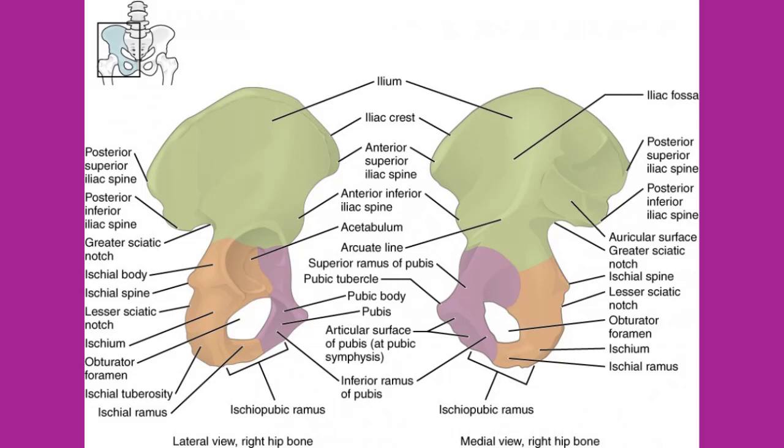The inferior pubic ramus extends downward to join the ischial ramus, and together this forms the single ischiopubic ramus, which extends from the pubic body to the ischial tuberosity. The inverted V shape formed as the ischiopubic rami from both sides come together at the pubic symphysis is called the subpubic angle.